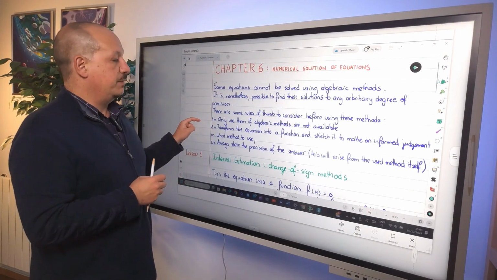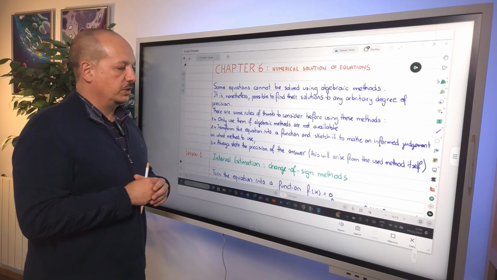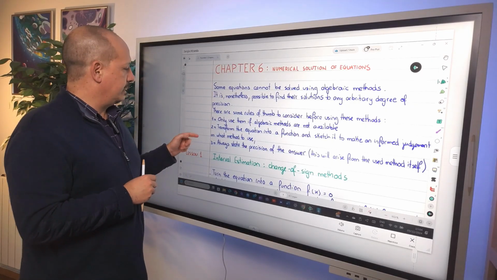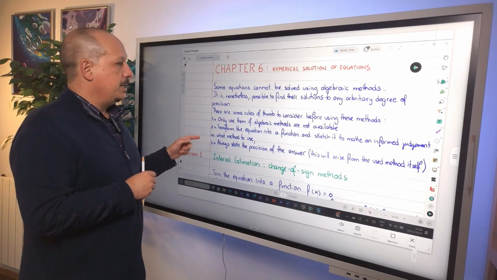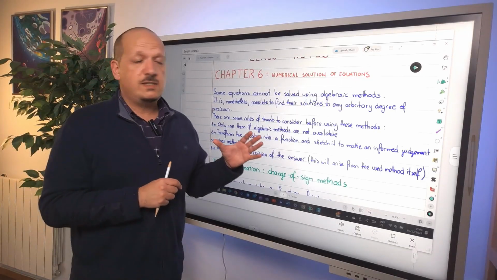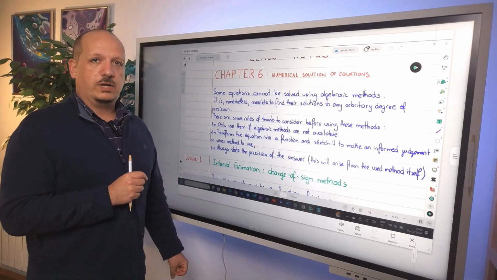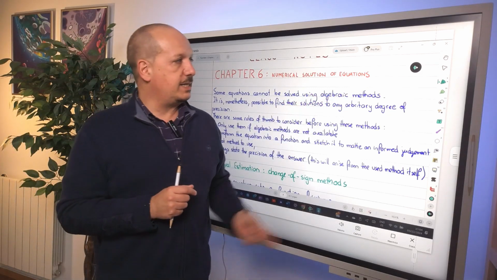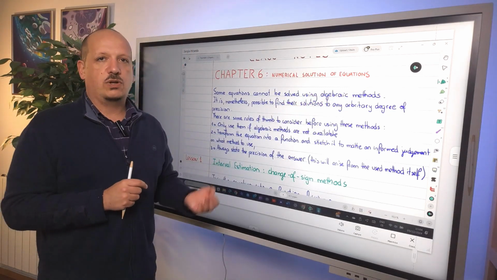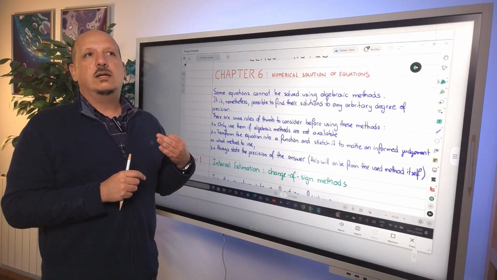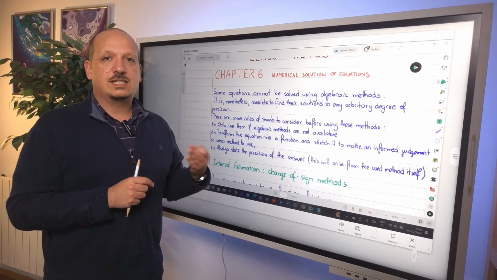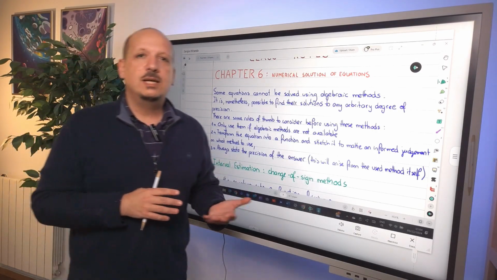The interval estimation, which is also called the change of sign method, and the fixed point iteration. But you should only use these if algebraic methods are not available, all right? Because algebraic methods allow you to get the values of the zeros to an infinite number of decimal places, that is, to an infinite precision.